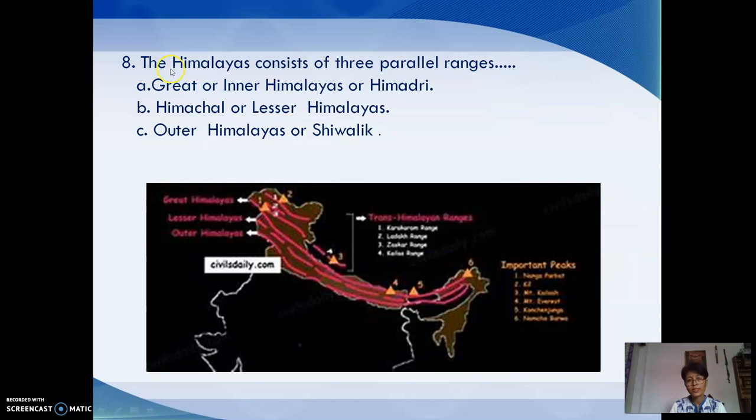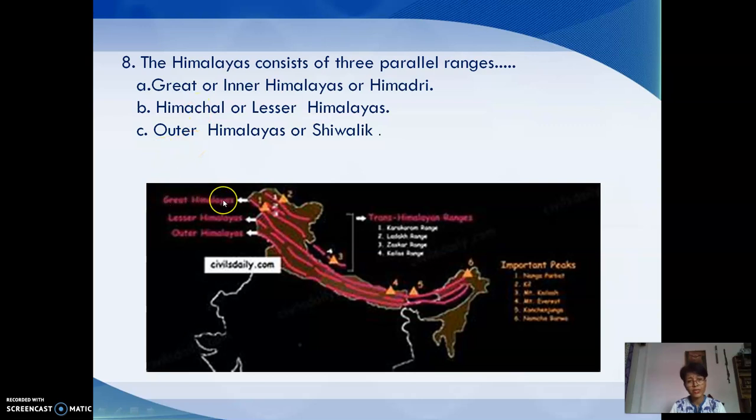Number 8. The Himalayas consist of 3 parallel ranges. First one, Great or Inner Himalayas, or Himadri. Second, Himachal or Lesser Himalayas. Third, Outer Himalayas or Shivalik. In this map, I'm showing all these 3 different parallel ranges.